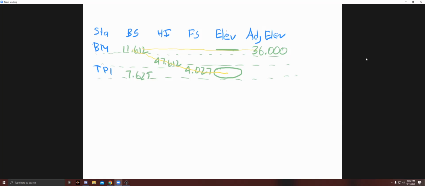So you would take your elevation here, add your backsight, and you subtract your foresights. Elevation plus your backsight gives you height of instrument here.